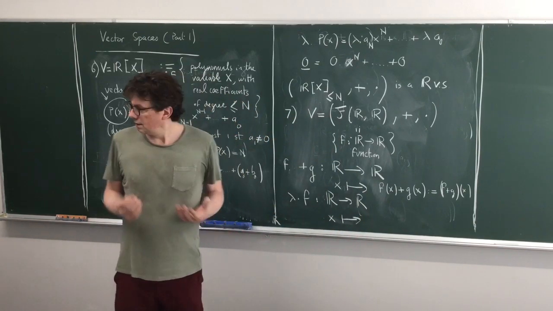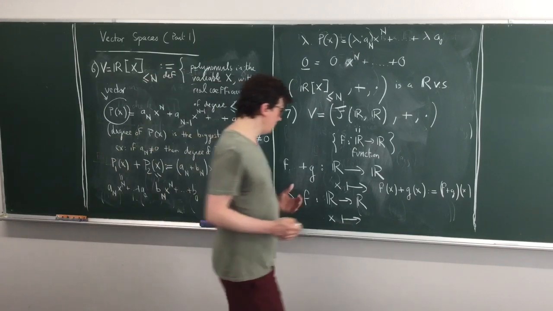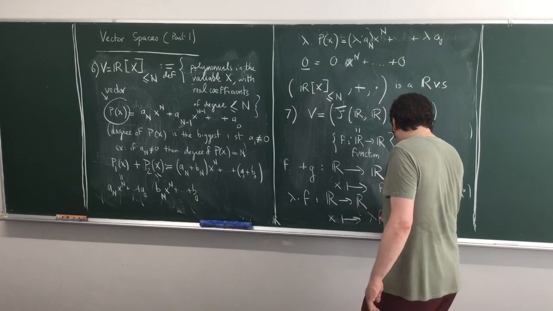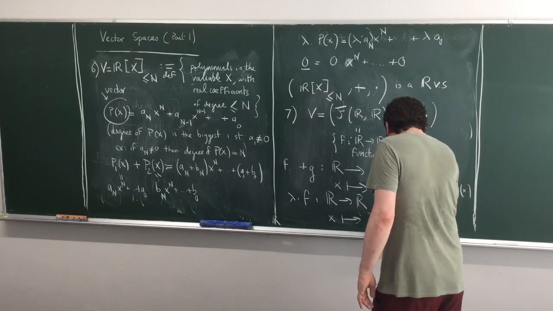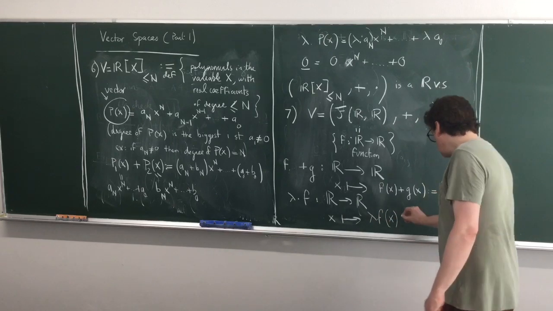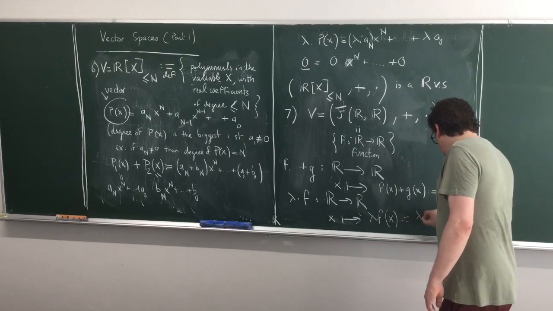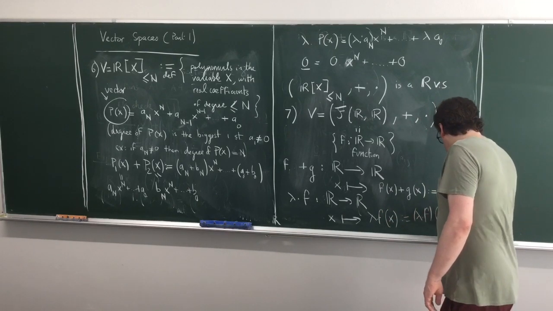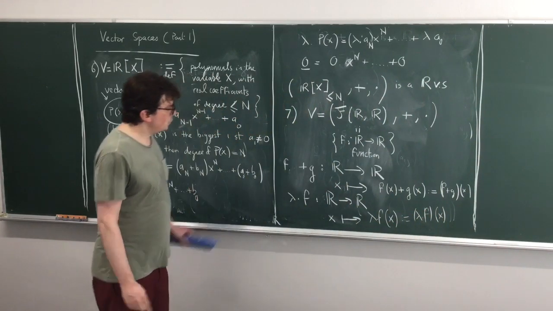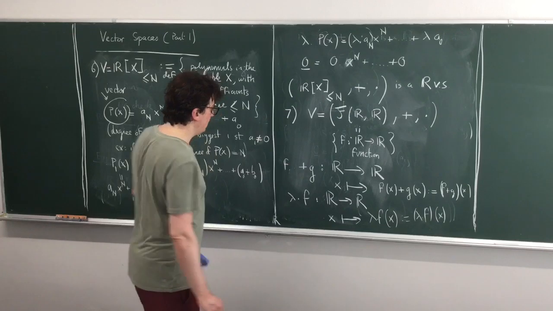Here it is a little less obvious. In fact, the correct answer is lambda f of x, lambda times f of x. This will be, by definition, the definition of our scalar multiplication in this case of vector space.